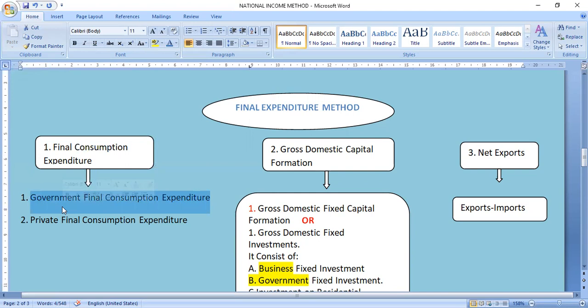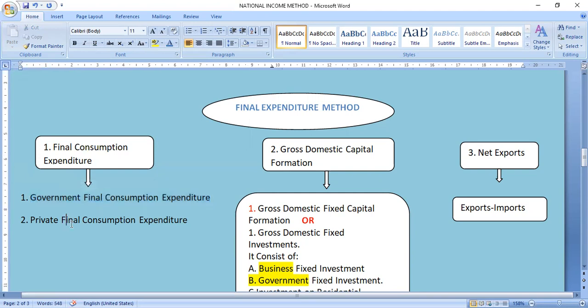It's not personal, it's personnel. So this type of expenditure is mainly done by the government, like defense expenditure, and is included in the government final consumption expenditure.